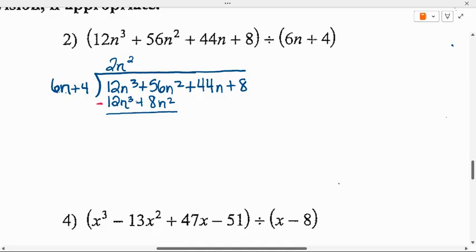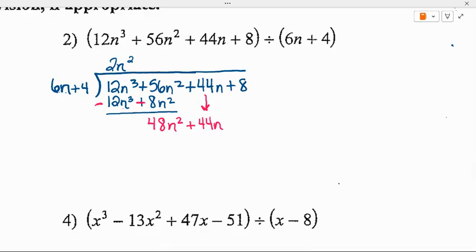So subtract, subtract. 12n cubed minus 12n cubed is 0. 56n squared minus 8n squared is 48n squared. And I have to bring down the next term, which is a positive 44n. Okay.